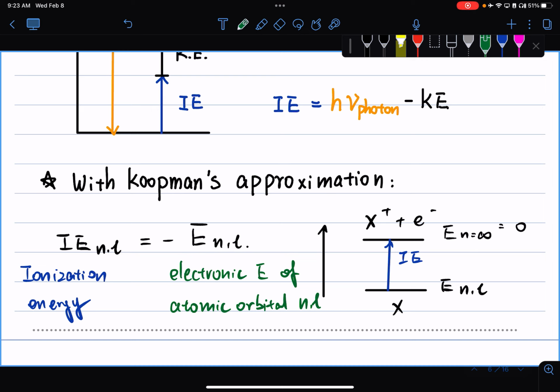So that was a quick review of what we were talking about before our midterm exam. That's the definition of ionization energy, how chemists actually measure ionization energy, and how we connect it to the atomic orbital energy. So this is the relationship we're talking about. The energy of your atomic orbital is the negative of your ionization energy and vice versa.